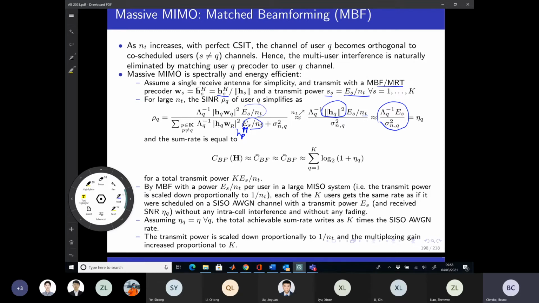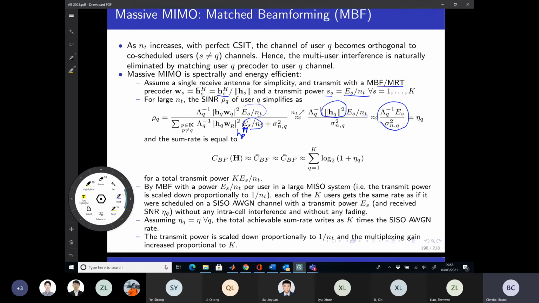So your SINR in this multi-user scenario is equal to the long-term SNR of a single user that would have been allocated the total power ES.